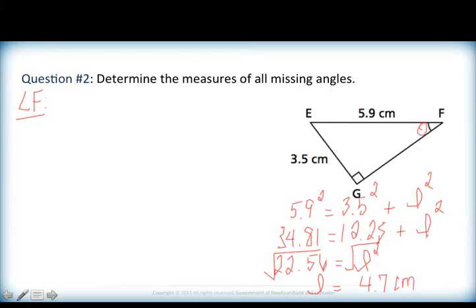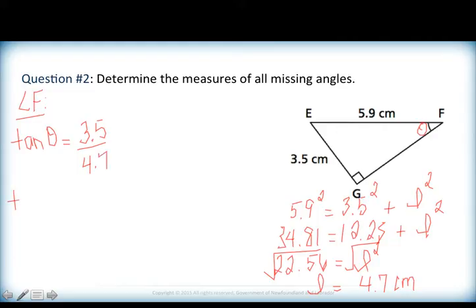So now we can carry on and use the tangent ratio to find our angle F. So angle F will have opposite first. So tan theta is going to be equal to 3.5 divided by 4.7.